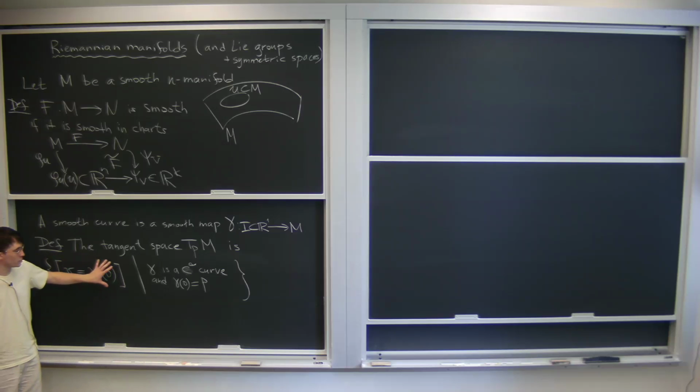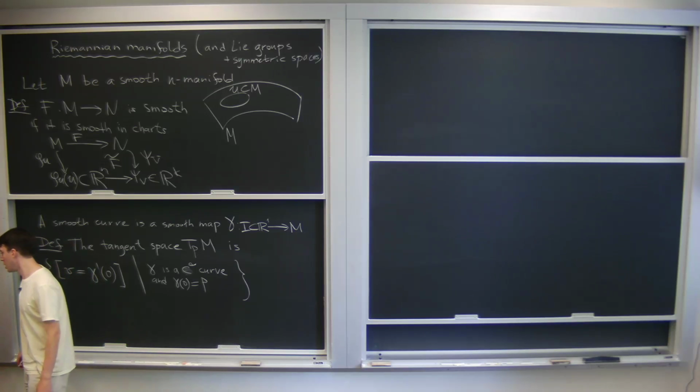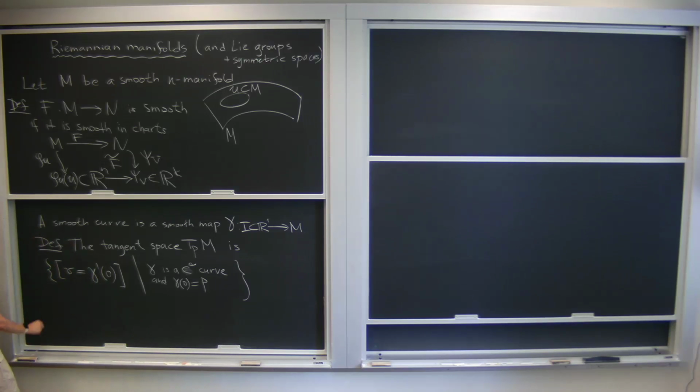This is a well-defined object, meaning that it doesn't depend on your charts, since if you pass from one chart to another, you just multiply by the Jacobian matrix. So why is the tangent space particularly interesting? First of all, a few facts.